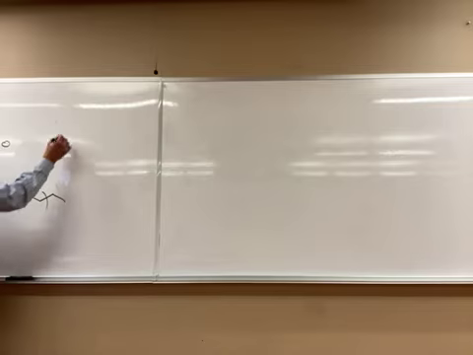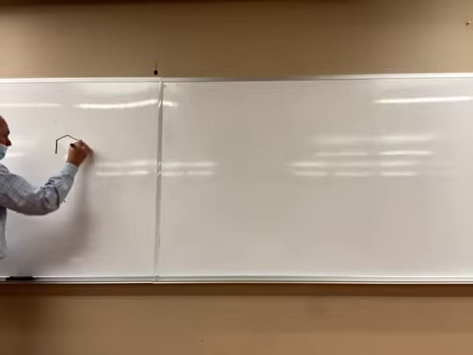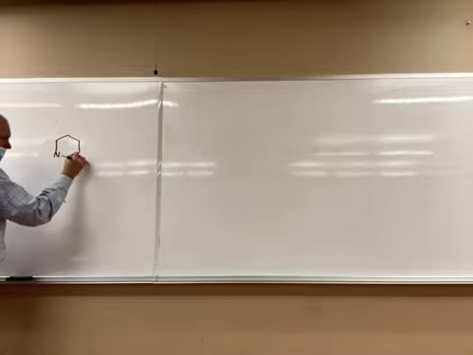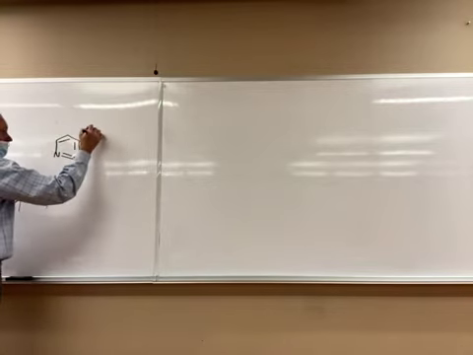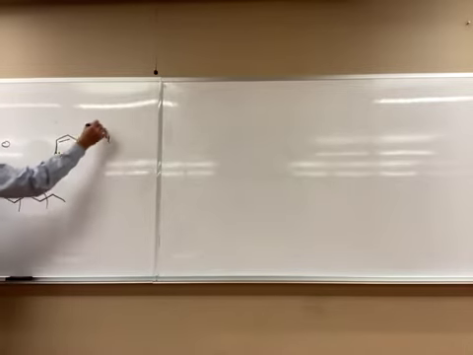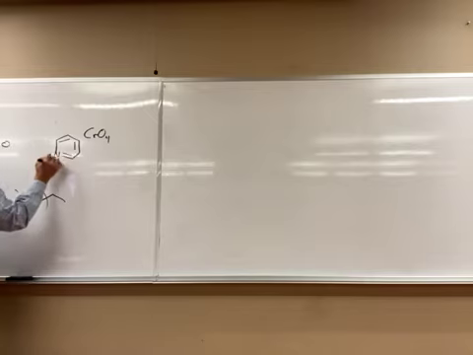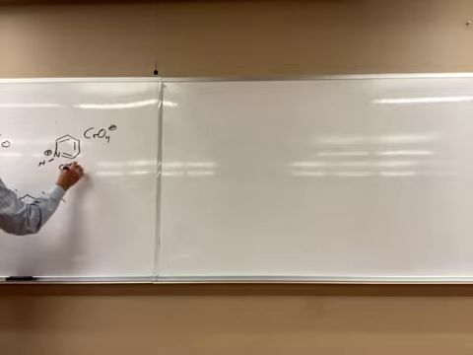Okay. So one of them is pyridinium chlorochromate. So pyridinium chlorochromate looks like this. It has a chlorine floating around down here too.